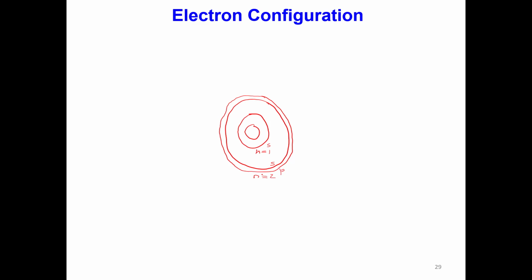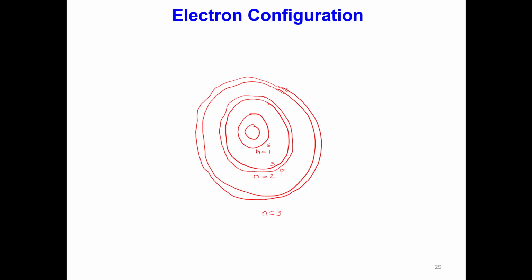Now for the n equal 3, then we will have something like this. This is n equal 3. Let me write here. But n equal 3 has 3 different subshells, S, P, D. All of this one corresponds to n equal 3.